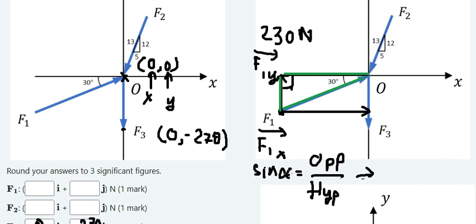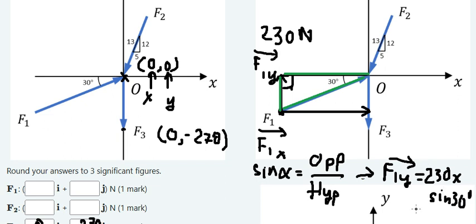So we know that hypotenuse is about this one in here. So we want to find the opposite, that is about F1y. So we put hypotenuse multiplied by sine alpha, and you got about 230 multiplied by sine of 30 degrees.